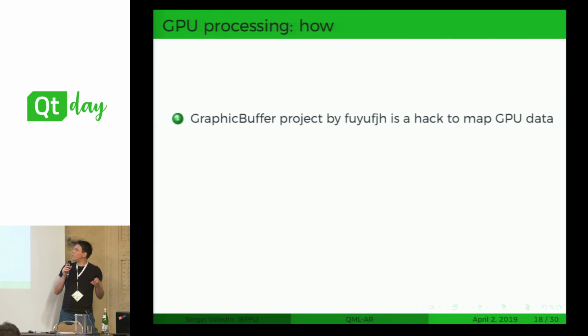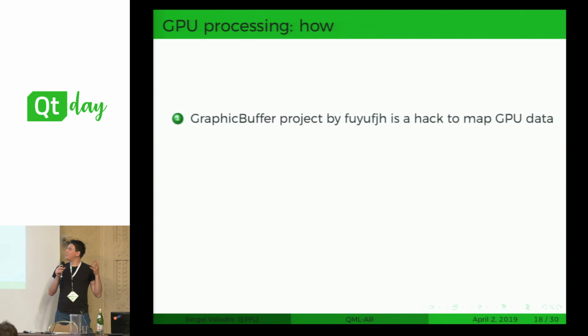Namely, for APIs lower than 25, there is only one way to do that, which is an unofficial hack from a GitHub user I don't know how to pronounce.